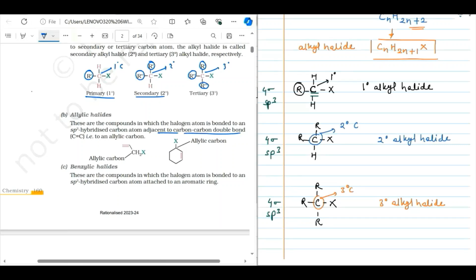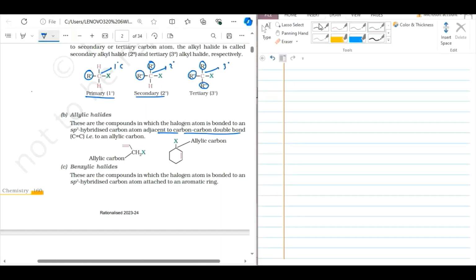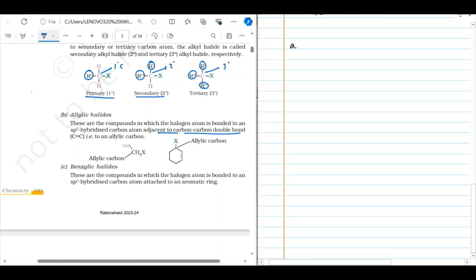First we need to understand the meaning of allylic. What is the allylic position? Allylic carbon. Carbon-carbon double bond is there and the carbon next to carbon-carbon double bond.